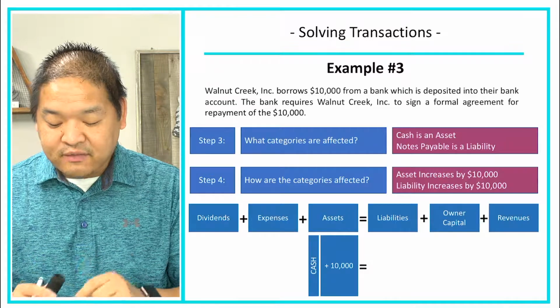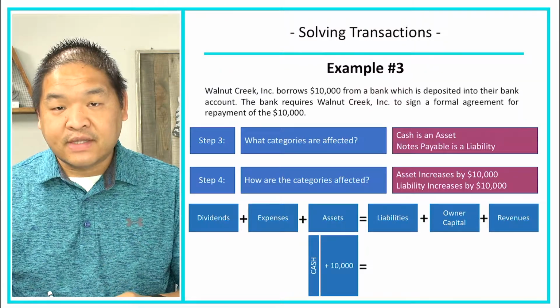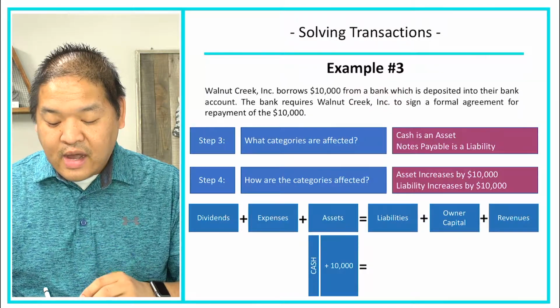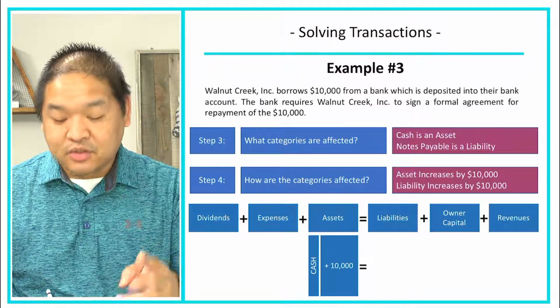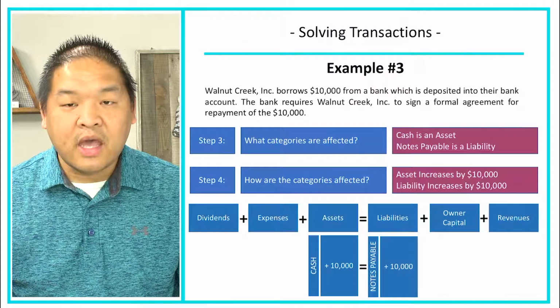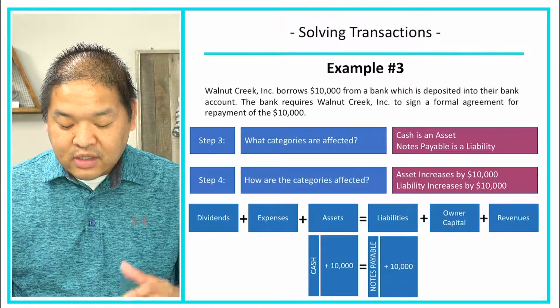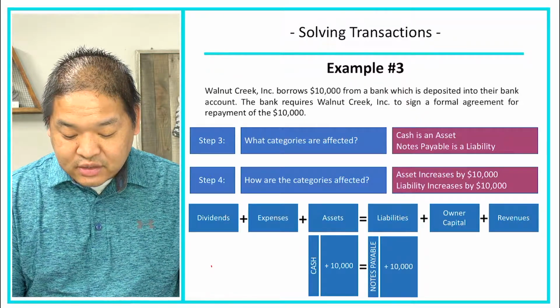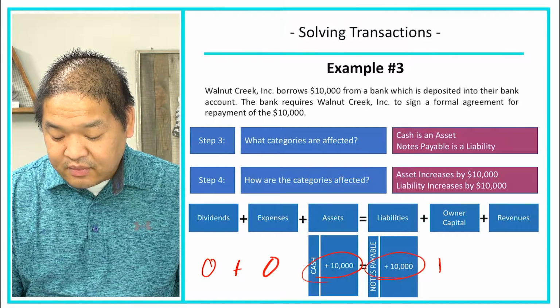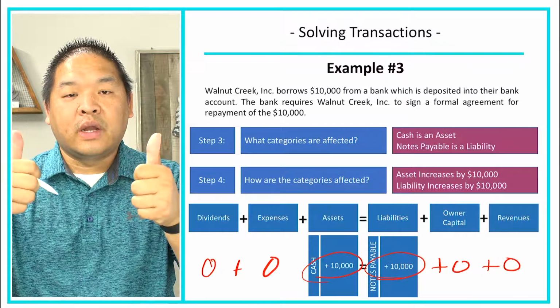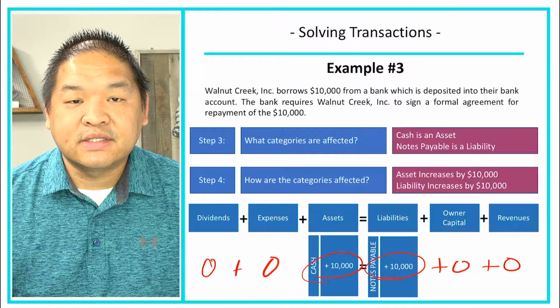It's a liability that we're affecting here in that fourth step, and that liability is called notes payable, which we've identified in step number 2. So we're going to increase the notes payable by $10,000. Does this equation make sense? Well, 0 plus 0 plus 10,000 equals 10,000 plus 0 plus 0. We're good. Our accounting equation makes sense.